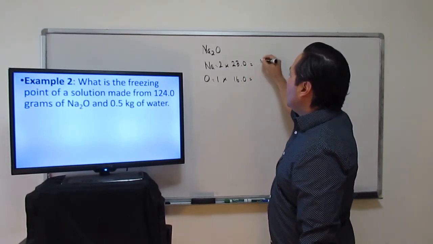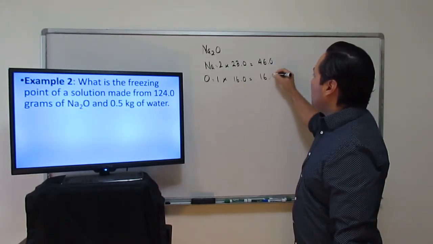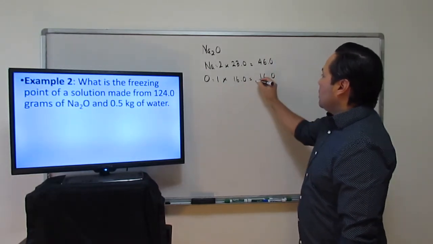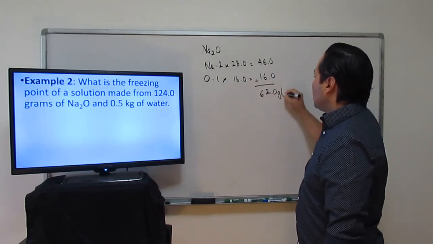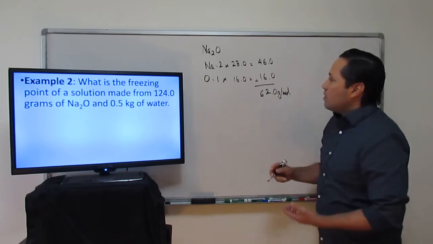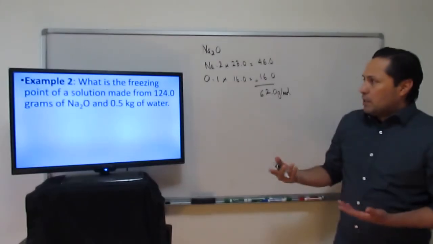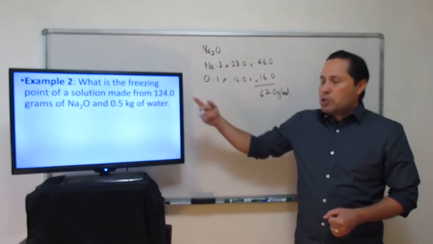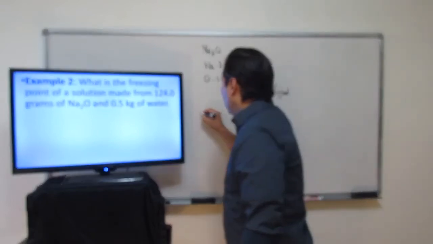So 2 times 23 gives me 46, plus 1 times 16, which is 16, giving us a grand total of 62 grams per mole. Now that is the molar mass of the sodium oxide. Now we're going to use that number to change the 124 grams to moles.